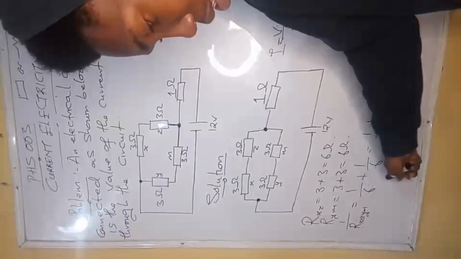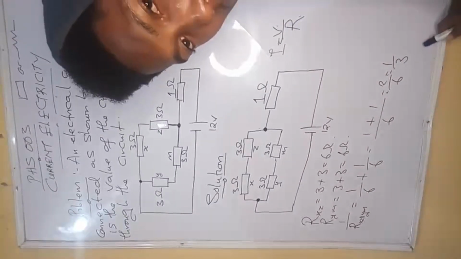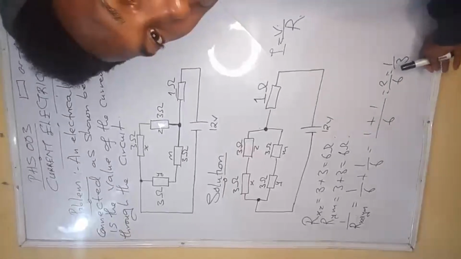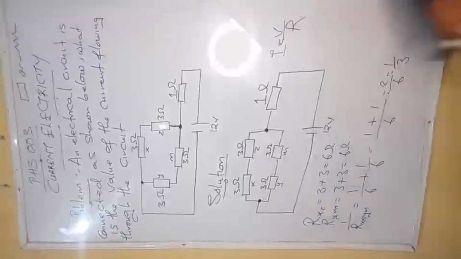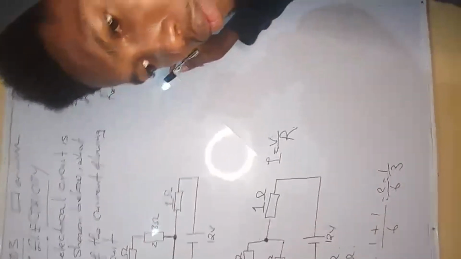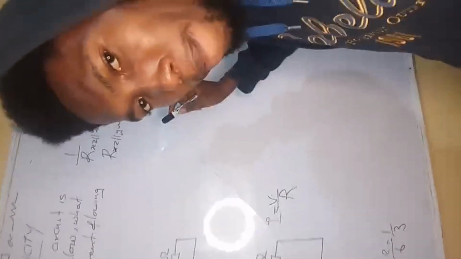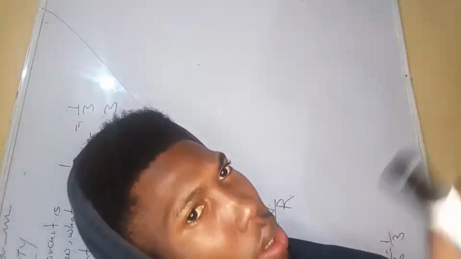You just said 1 over 6 plus 1 over 6, which is equal to 2 over 6, 1 over 3. And to get our R, we are saying 1 over R equals 1 over 3, then cross multiply, R is equal to 3. That's what we have here. Are we seeing it now?